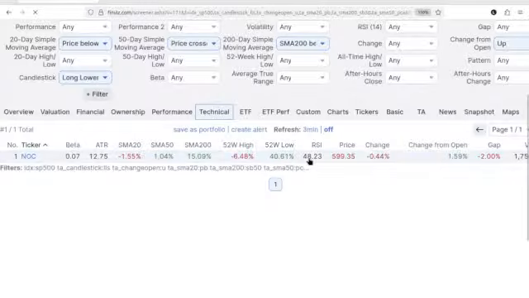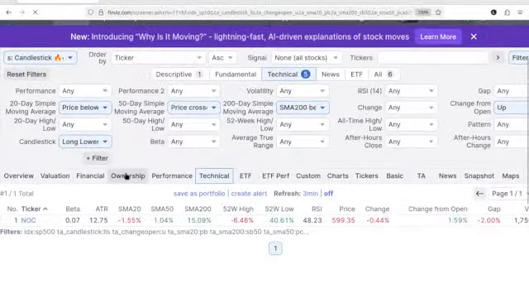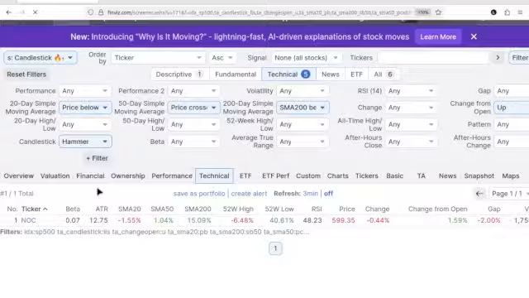And it's between 40 and 60, as you can see here. And change from open is positive on the green day. So yesterday we failed to find a long lower shadow in an S&P 500 stock.